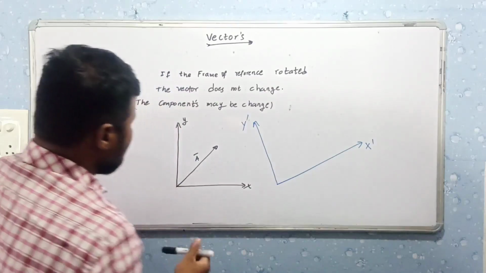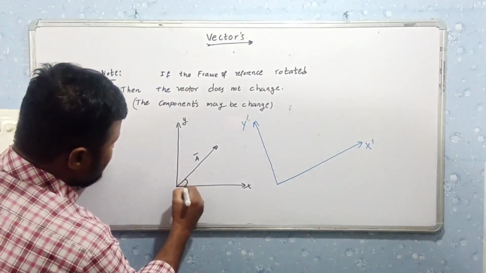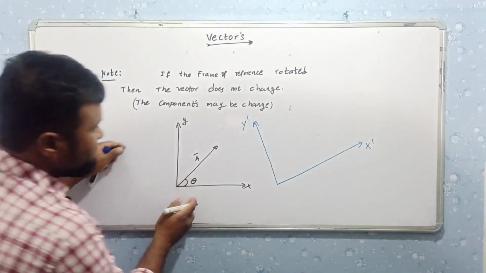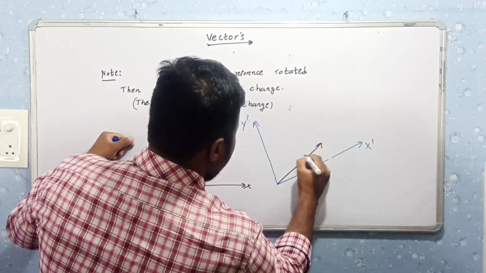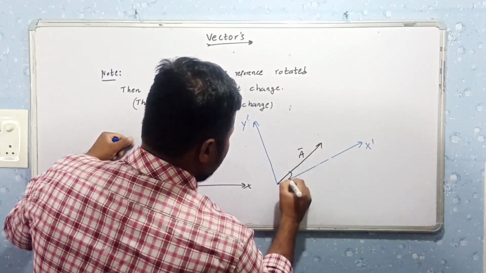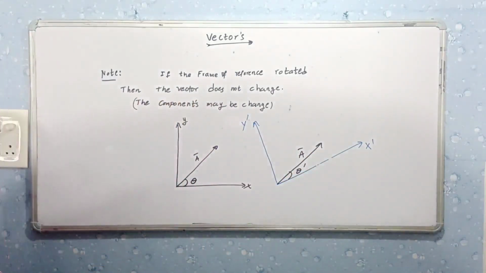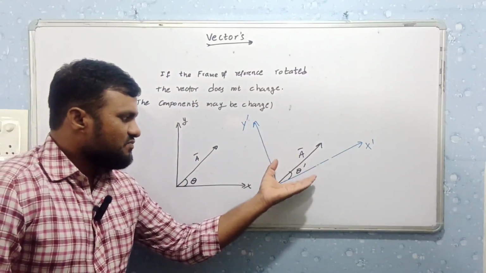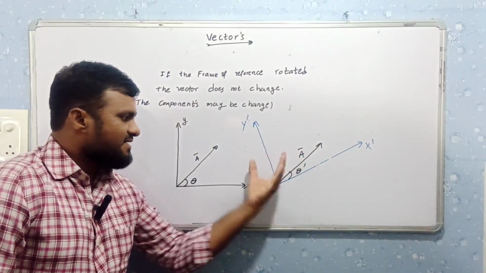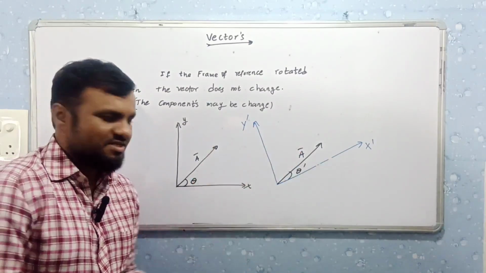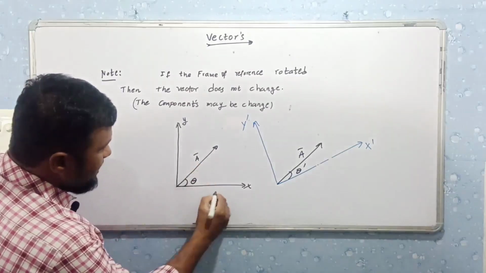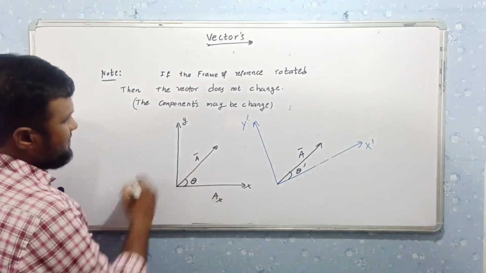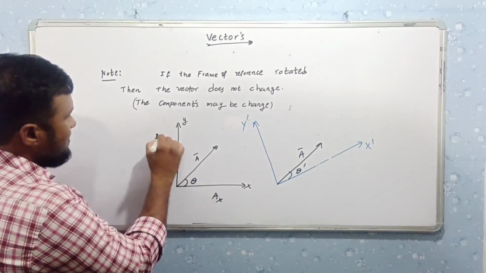X dash, y dash is the frame of reference after rotation, but the vector direction remains the same. The vector does not change. So initially it is having theta, the direction of vector a bar remains the same, and now it is theta dash. Understand? The frame of reference is rotated by an angle, but the vector direction does not change.